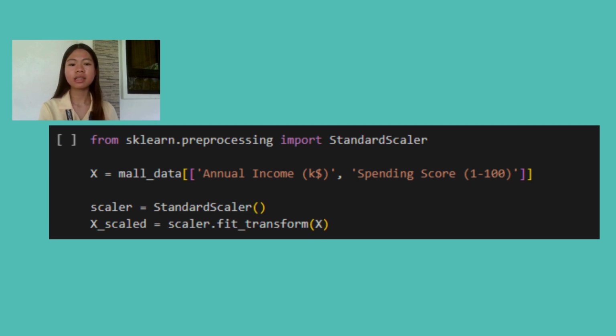Scaling means adjusting the data so that both features, income and spending, have a similar range and influence on the analysis. This is important because clustering algorithms like hierarchical clustering often rely on distance calculations, and if one feature has much larger values than the other, it can dominate the results and lead to biased clusters. So by scaling, the data becomes easier to compare and analyze fairly.